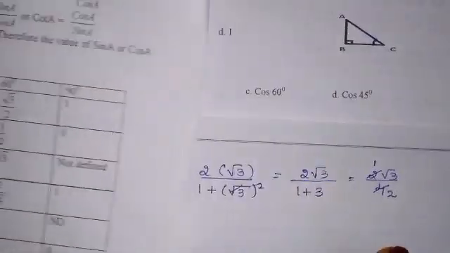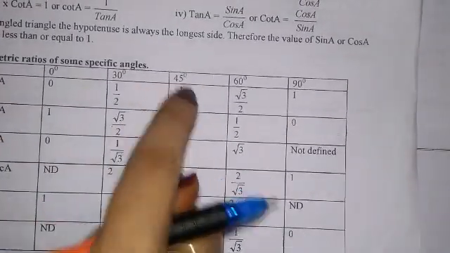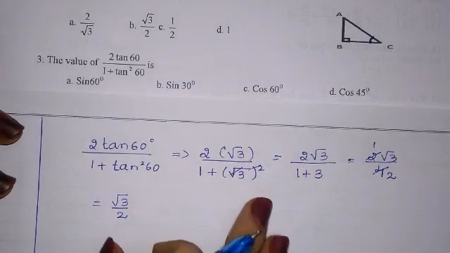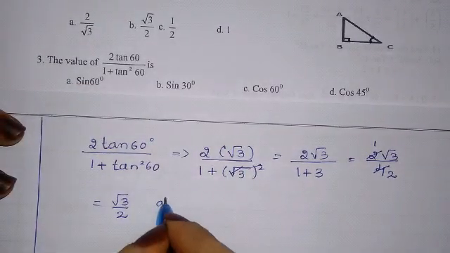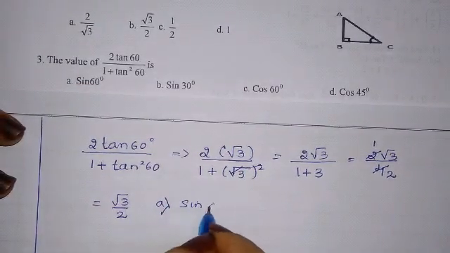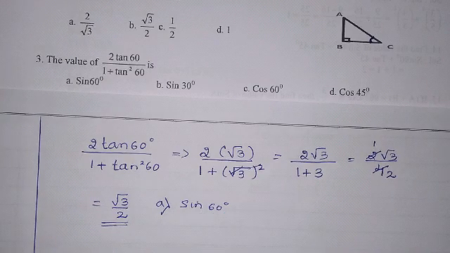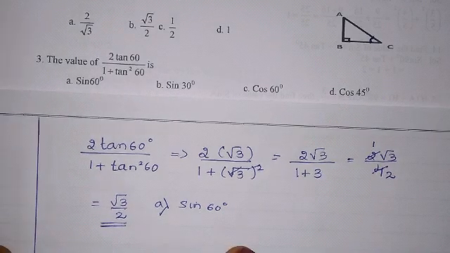And the last value is cos 45, 1 by root 2. So the correct option is sin 60. So the answer is A, sin 60, because only for sin 60 can we get root 3 by 2. Okay, now let us see the next question.